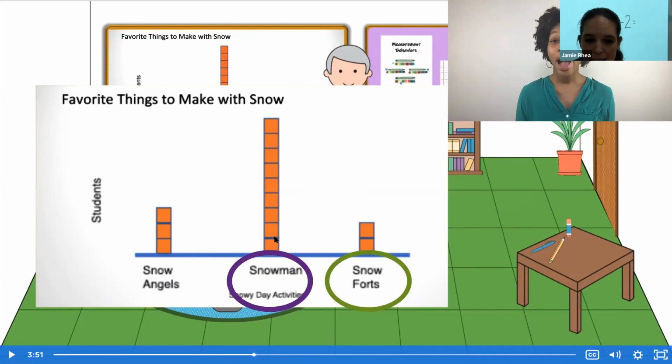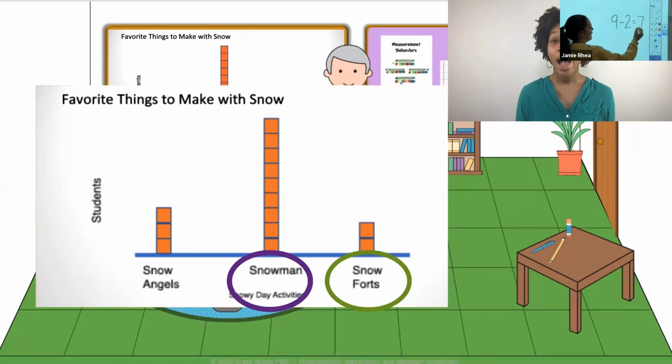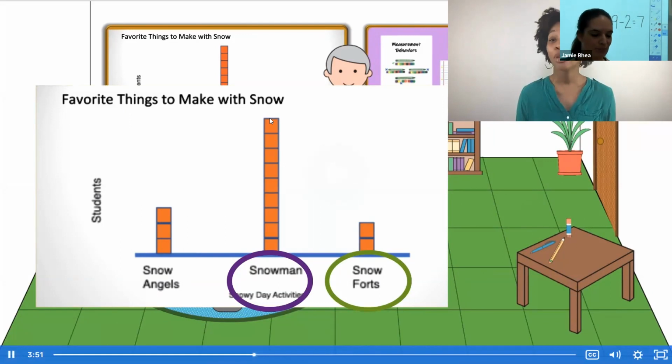So like Carlos said, I can start at the 2 box right here, and I can count how many from then on. 1, 2, 3, 4, 5, 6, 7. 7. Now I can check and see if I have 9 and I take 2 away. 9, 8, 7. Oh, let's see if we're right. I'll be right here waiting when you get back.